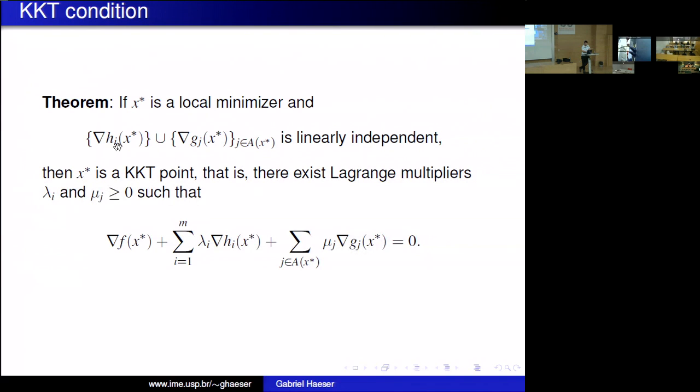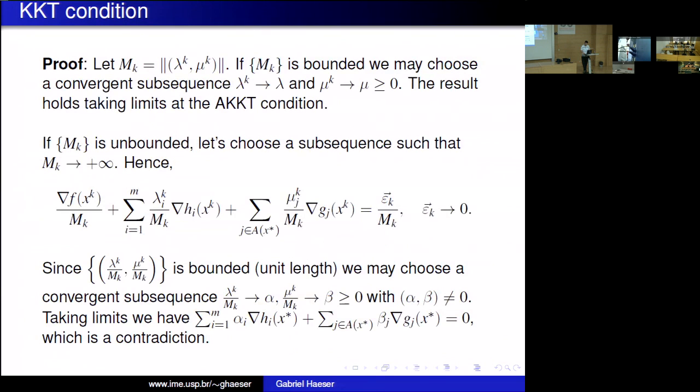If this set is linearly independent, we are able to prove that x star is a KKT point. That is, I can find Lagrange multipliers lambda and mu, with mu non-negative, such that this linear combination is 0. The gradient of the Lagrangian function, if I evaluate at x star, lambda and mu, I will have 0.